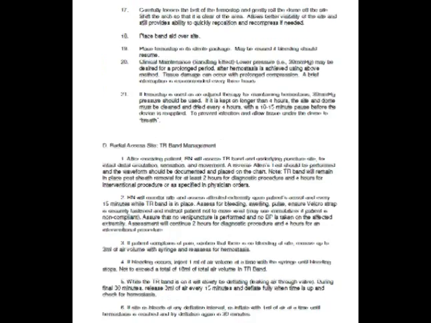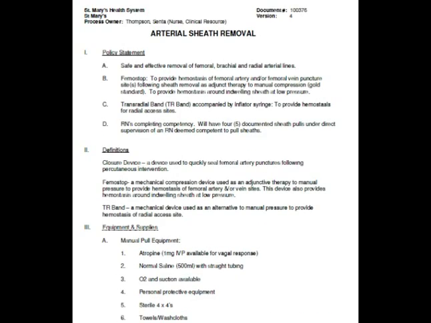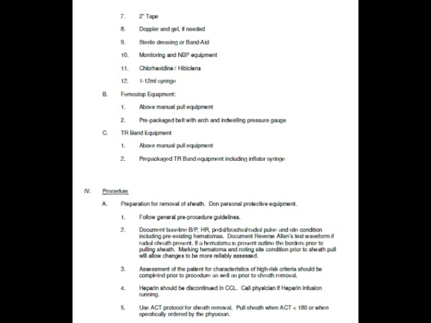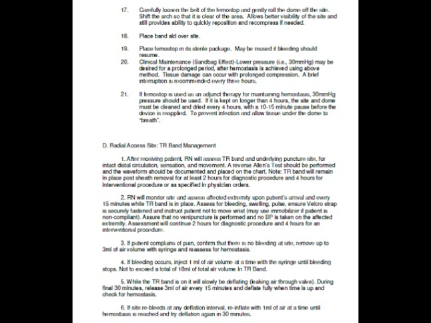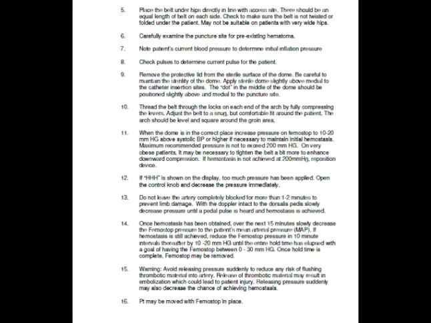The other thing I want to mention that I think I forgot to mention is that according to this policy, if you have both an arterial sheath and a venous sheath in place, you should remove the venous sheath first, which is the way I always was taught to do it. And that's what the policy says currently.